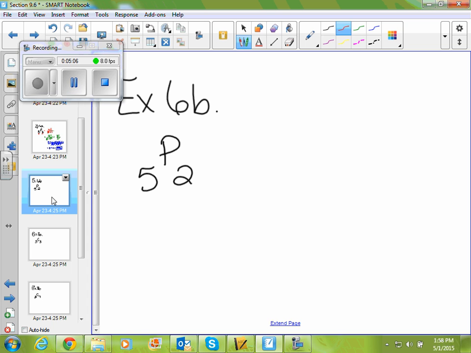Let me do one more of those, 5 permutate 2. My permutation model is n factorial divided by n minus r factorial. And n and r come from my model.